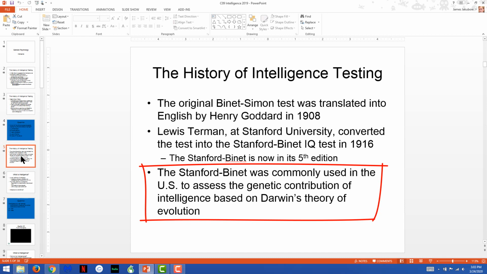And if genes were the primary contributor to intelligence, then the assumption was you should be able to assess the genetic contribution of intelligence by following intelligence through family lines. So, for example, if a mother and a father were both educated, their child should also have a high level of intelligence, and then the grandchild should also have a high level of intelligence, and that you should be able to track this high level of intelligence through the family line.